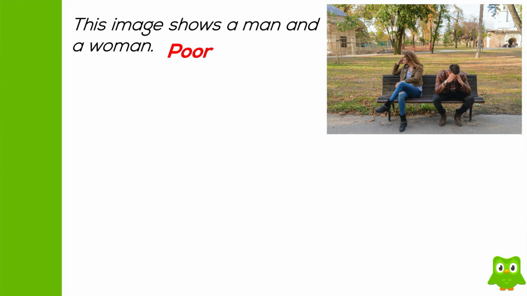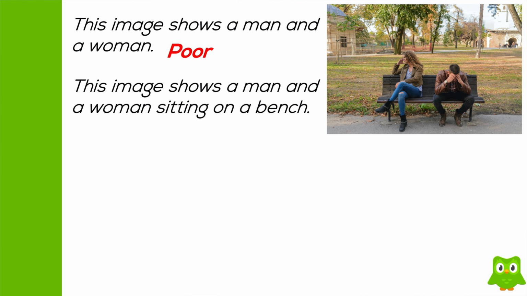Even though the sentence is grammatically correct and it does give a general summary, this sentence just doesn't include enough information or enough detail. Remember that this is an English language test, so your job is to show off all your English. If you just use simple sentences like this, then the Duolingo English Test computer can't give you a good score because it doesn't know how good your English is, just because you're using simple sentences. So you want to include more detail in your sentences.